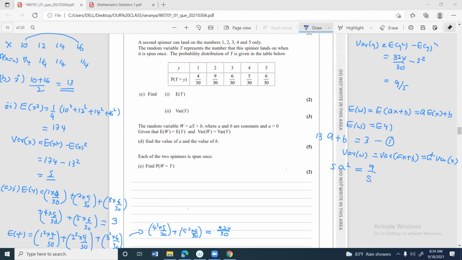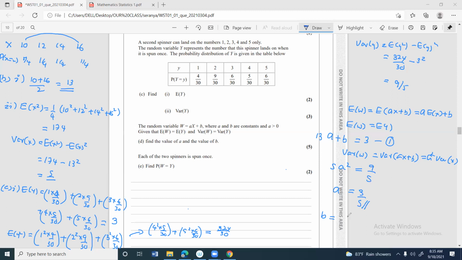Therefore, a is equal to 3 over 5. Then we can find the value for b. From the first equation, b equals 3 minus 13 times 3 over 5, that is 3 minus 39 over 5, which works out to minus 4.8.